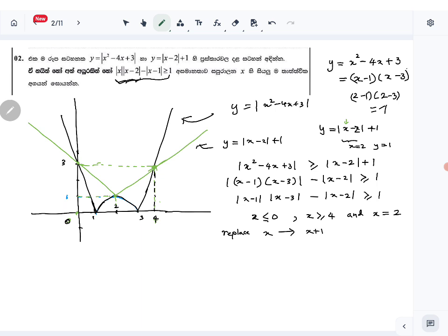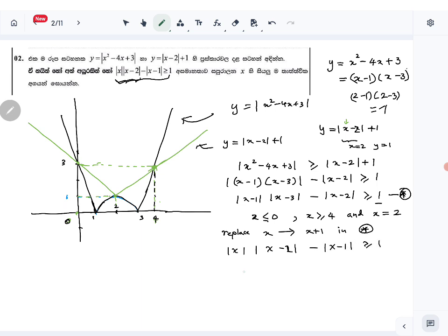Then I get what? So let me give this a name. Replace x with x plus 1 in star. What happens? I get absolute value of x minus 2 minus absolute value of x minus 1 is greater than or equal to 1.